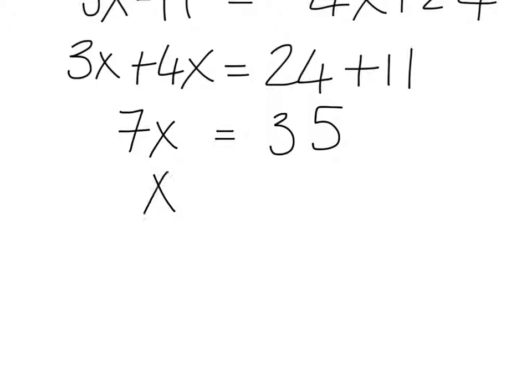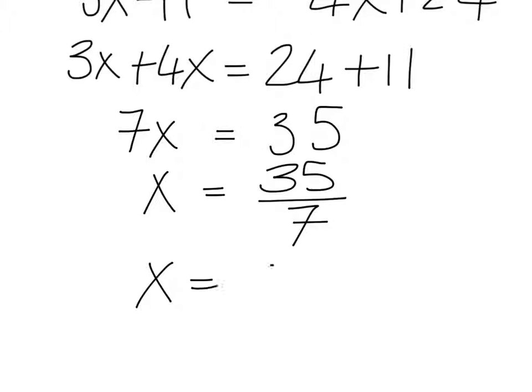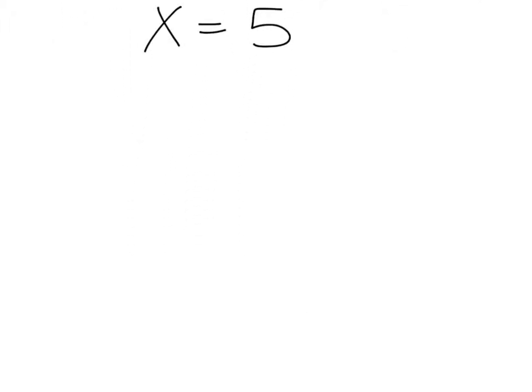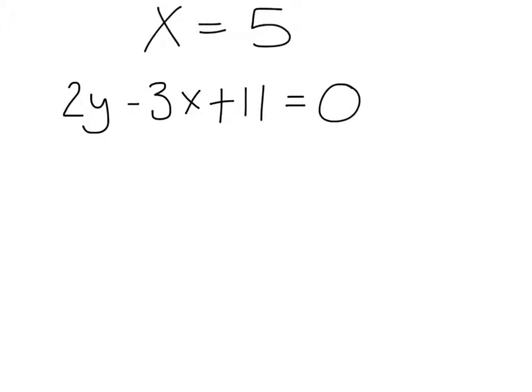So if 7x equals 35, that means x is 35 divided by 7, which means x equals 5. Now we know our x value of the point T, we need to work out the y value. So we'll take this new x value and substitute it into one of the original equations. We'll take the one which is 2y minus 3x plus 11 equals 0.